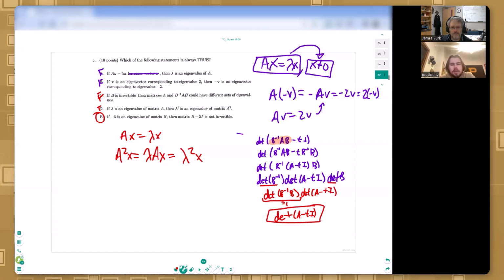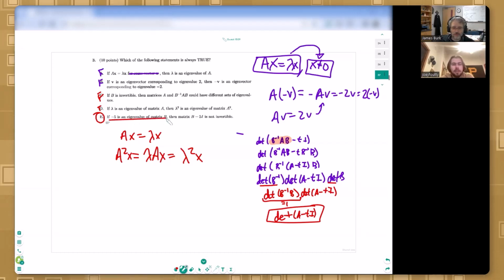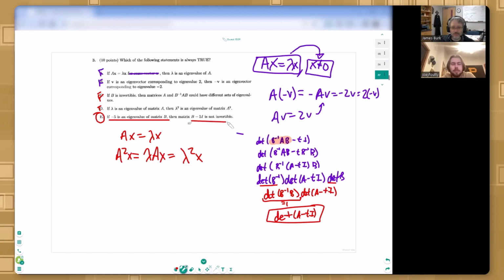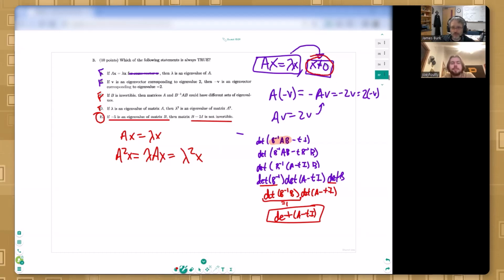I mean, it's kind of like what we did. Yeah, it's definitely false because if it's an eigenvalue with matrix, this has to be singular whenever you take it off. Otherwise, you're going to have only the trivial solution, not a non-trivial one.